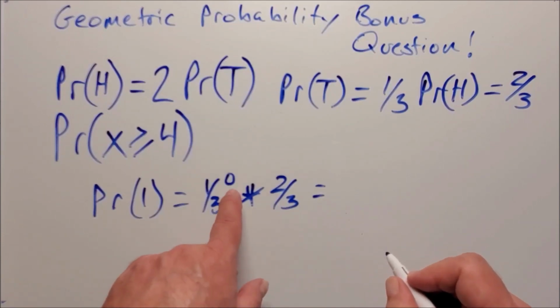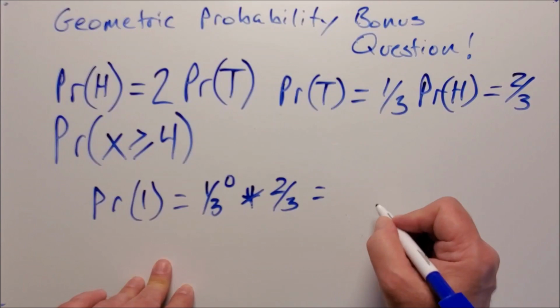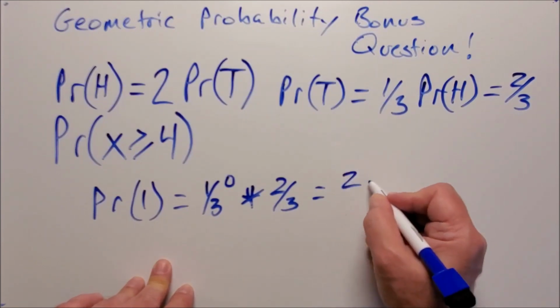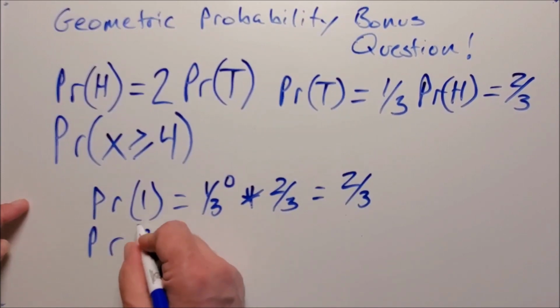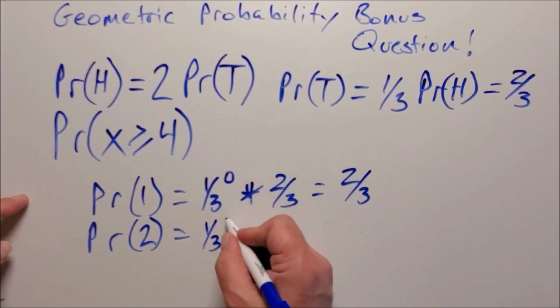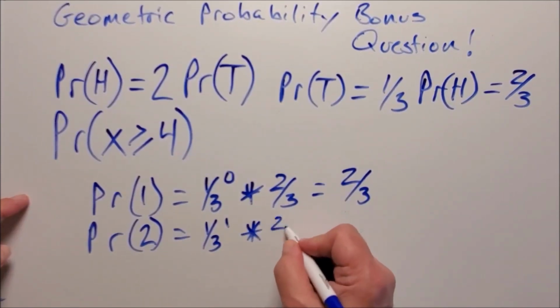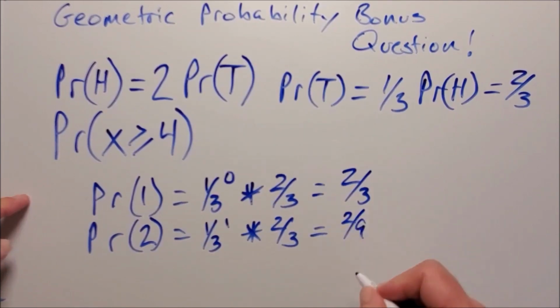And remember, anything, 1/3 anyway, to the power of 0 is going to be 1. And so we have 1 times 2/3, which is 2/3. We have the probability that it would occur on the second trial, 1/3 to the power of 2 minus 1 times 2/3. And that's going to be 2/9.